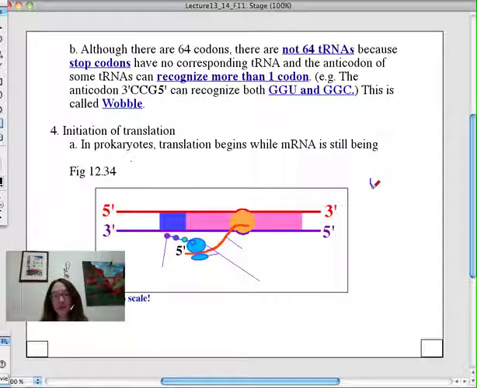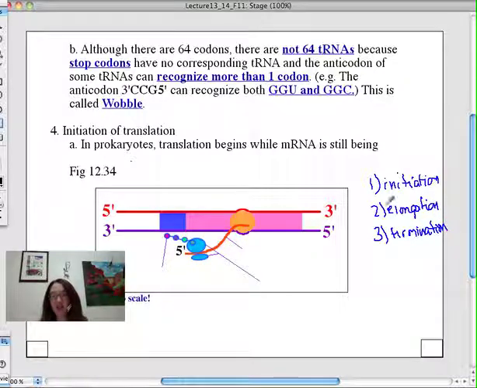So those 3 steps, remember, were initiation, elongation, and termination. So we're going to go through all of these a little bit at a time, beginning with initiation. So we'll be looking at the process by which the whole process of translation gets started.